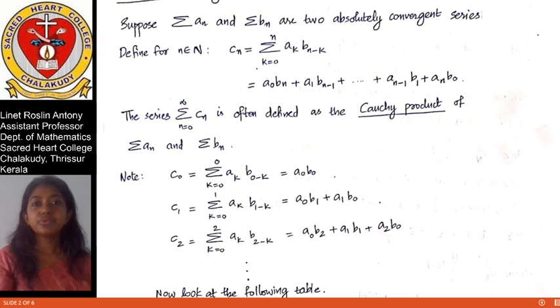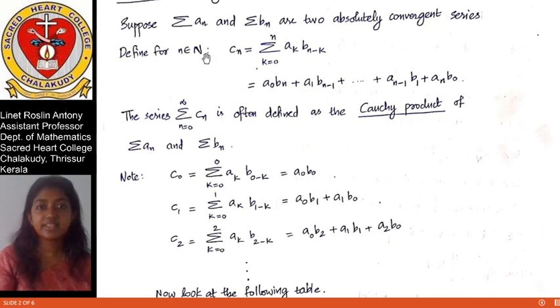Product of absolutely convergent series. Suppose we are provided with two absolutely convergent series, say summation a_n and summation b_n. We are defining a new term c_n equal to summation k equal to 0 to n a_k b_(n minus k).